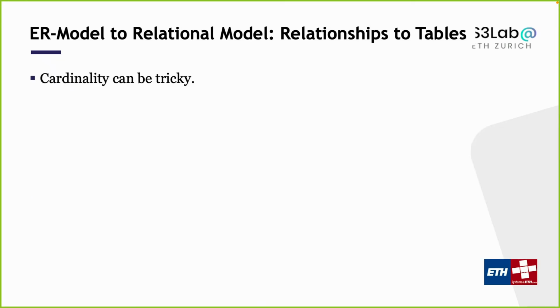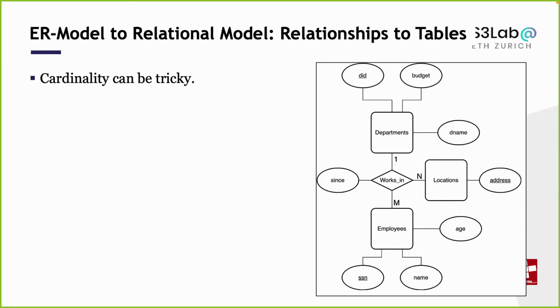Cardinality can be tricky, and we are going to have a lot of fun with it. Now let's look at this relation. It's the same as before, but now we start to introduce a cardinality constraint. I have a simple one, the one-to-many notation. I say there's a one label connecting department and works in.